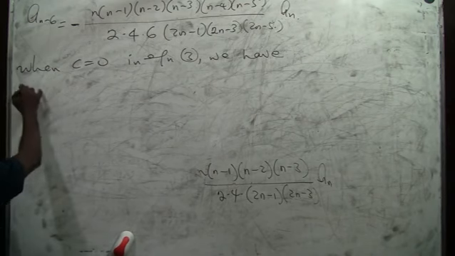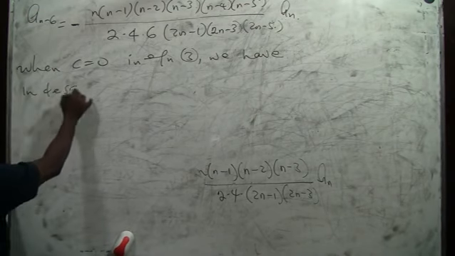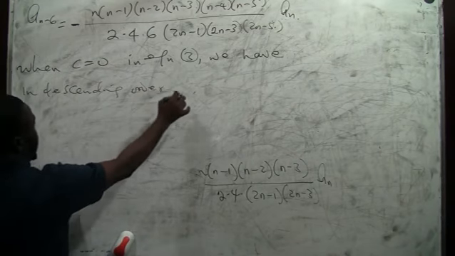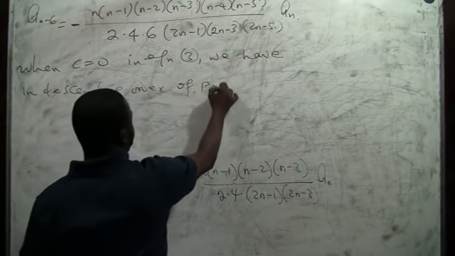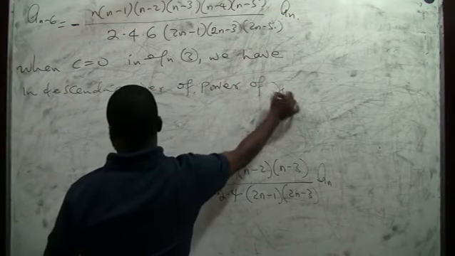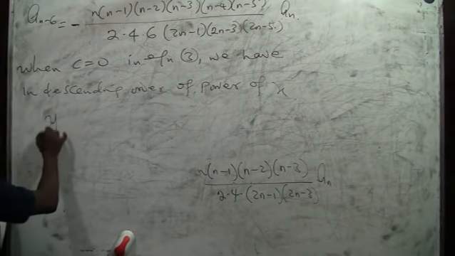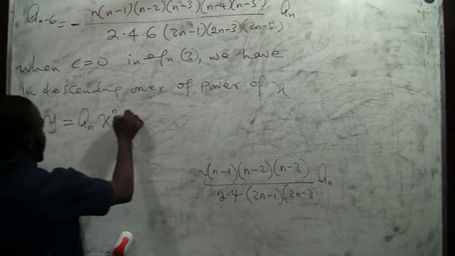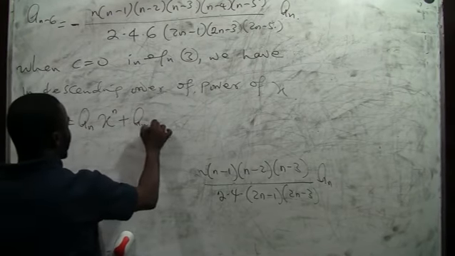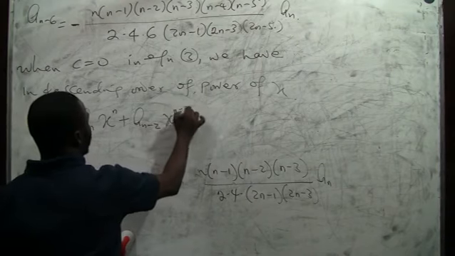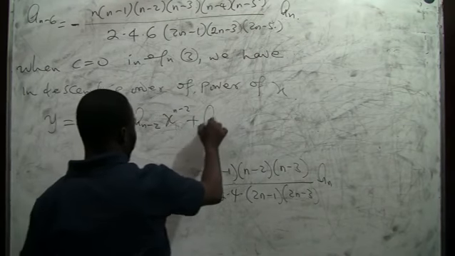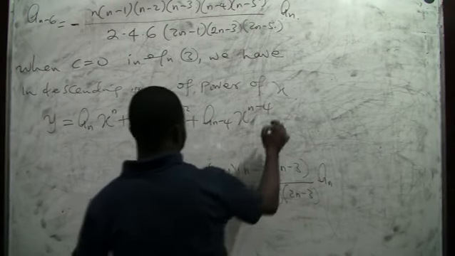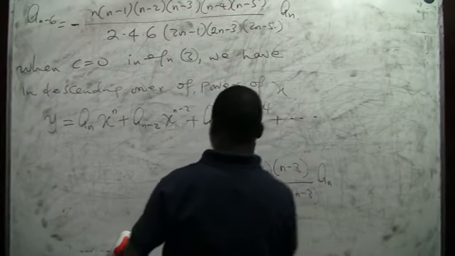We have, in descending order of power of x, that y equals A_n x to the power n plus A_{n-2} x to the power n minus 2 plus A_{n-4} x to the power n minus 4 plus it continues.